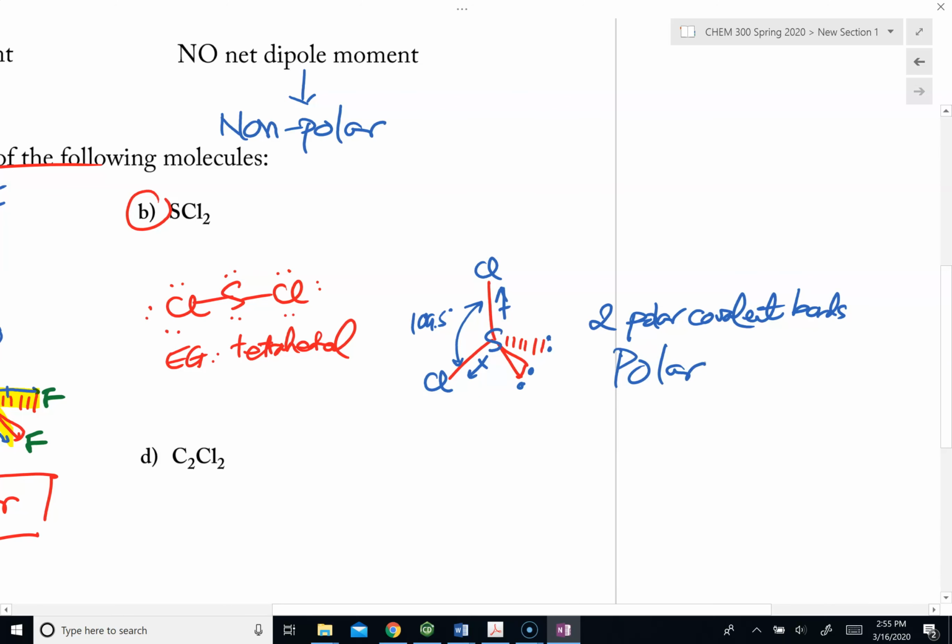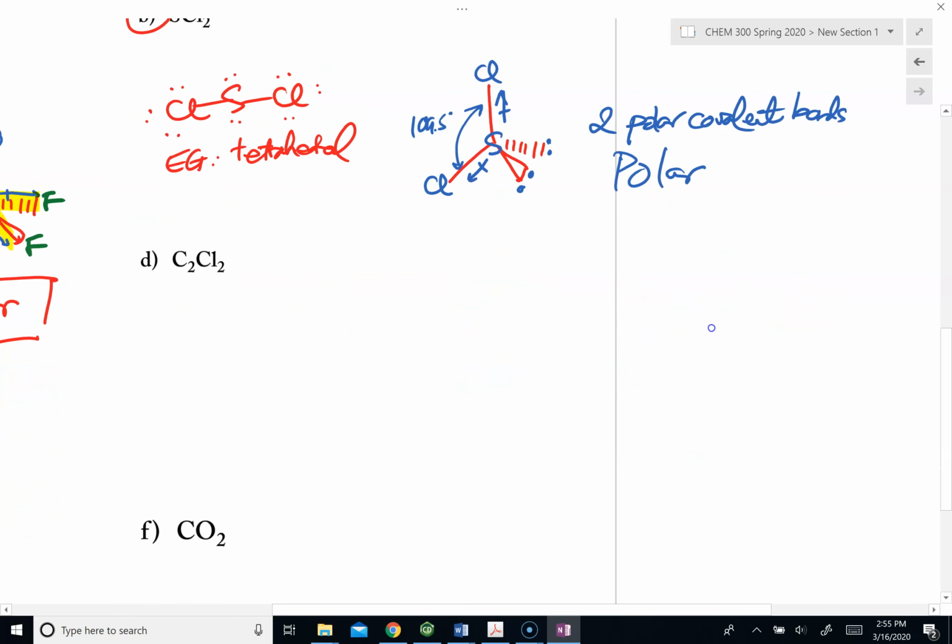So here's something for us to remember right here. If we were to have 2 dipole moments, in order for 2 dipole moments to cancel each other out, they have to point 180 degrees from each other in opposite directions. For example, such as that. Or they can also be pointed on this side, point out, or point in.